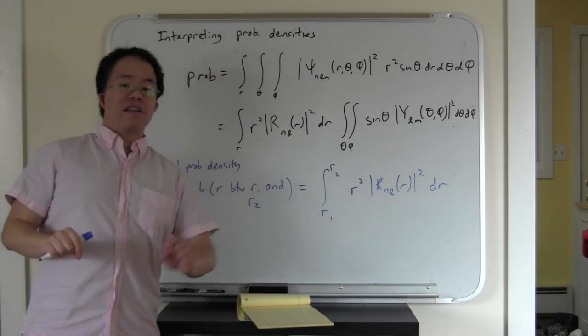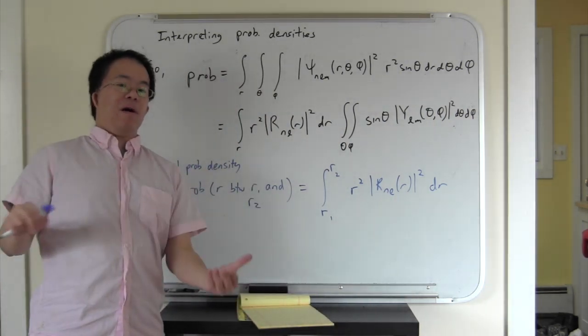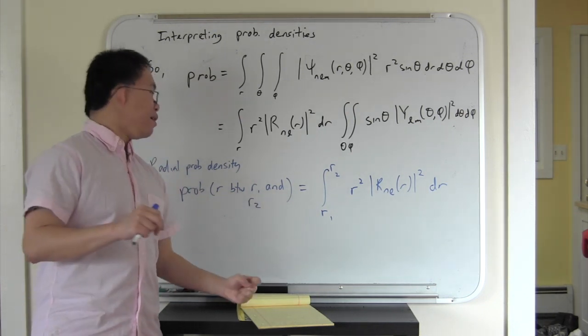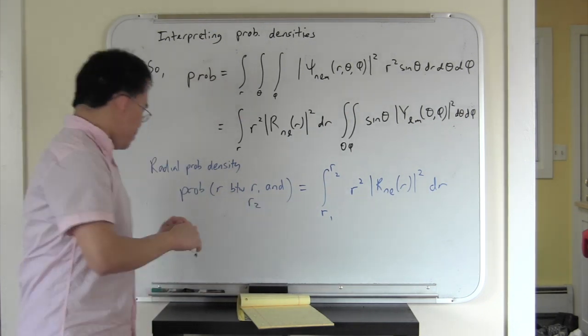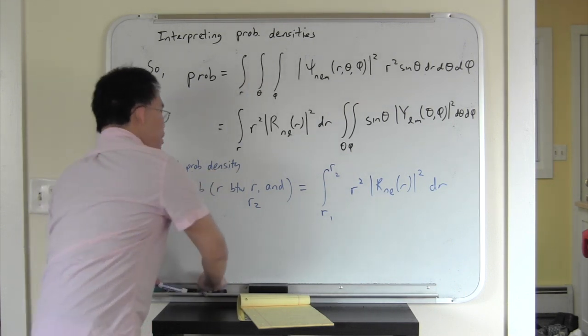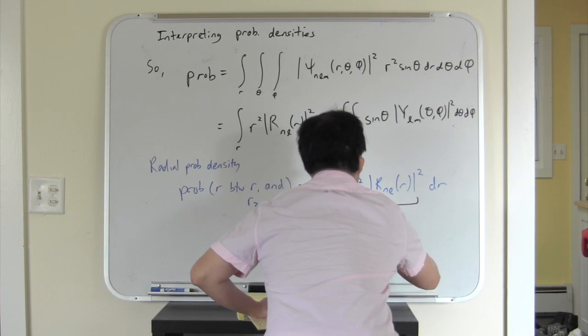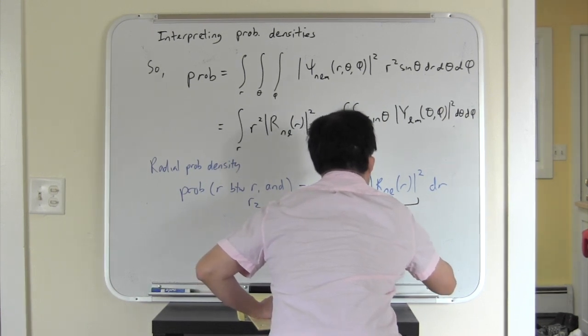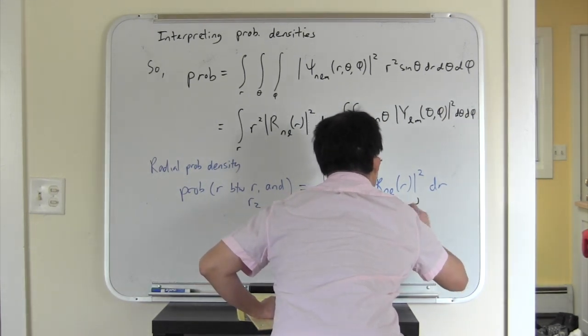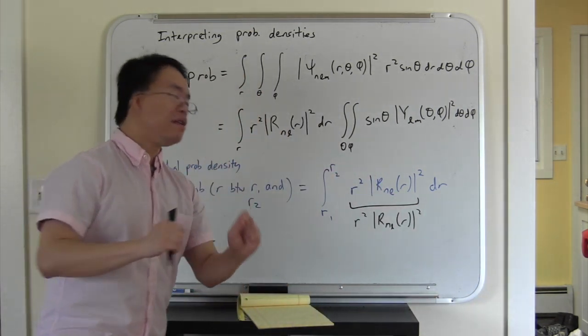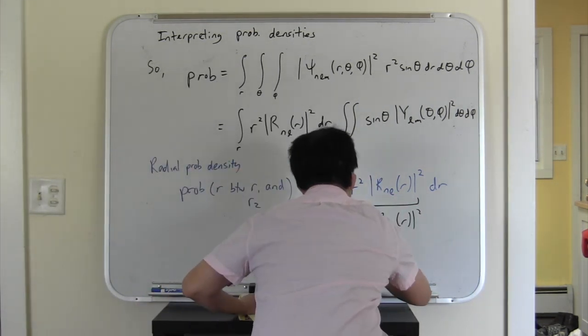Now this almost looks like what we talked about with the probability density in 1D quantum mechanics, except that now this thing, r squared R n l squared, is what we call the radial probability density.